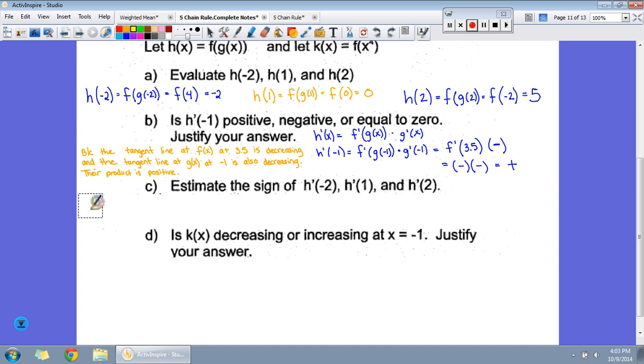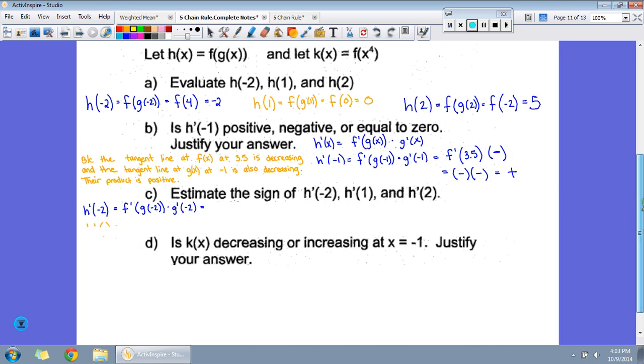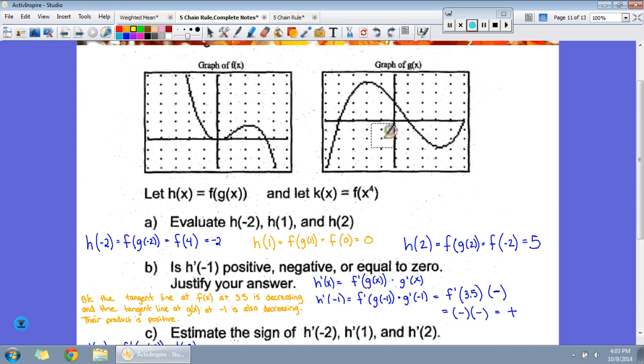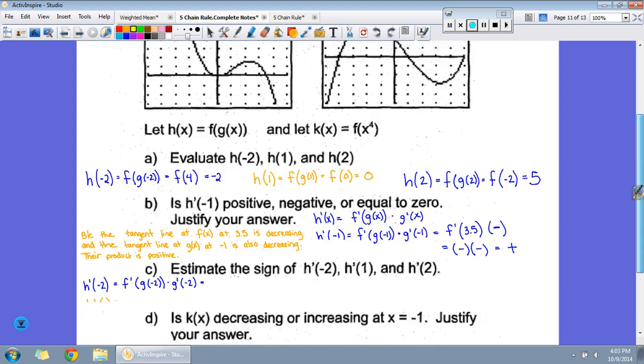So for h prime of -2, we're using the same derivative, and we're plugging in a -2 anywhere that there's an x. g of -2 is 1, 2, 3, 4, 5. Just kidding, 4.